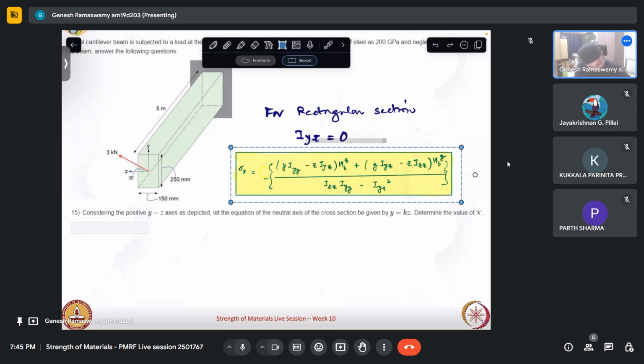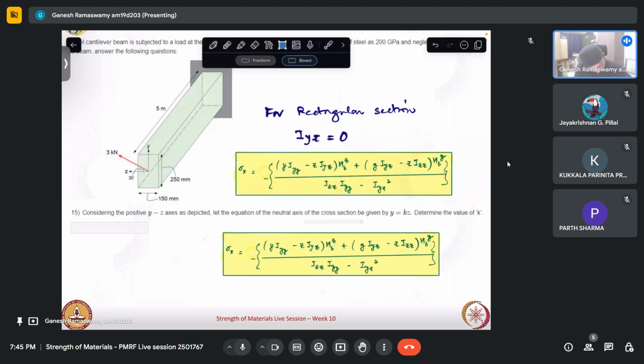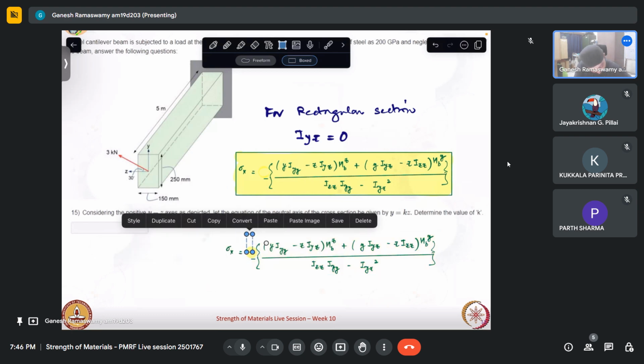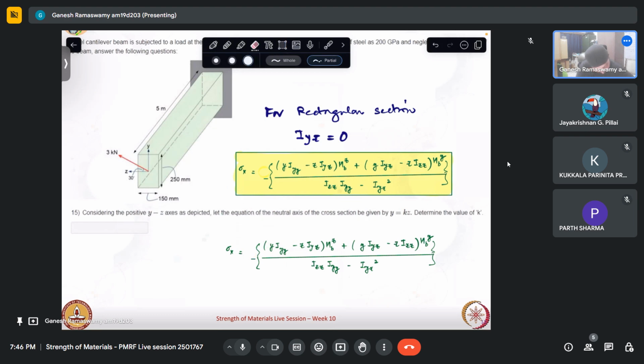So in this expression, let me take out the terms that are having IYZ. So this term doesn't exist. This term doesn't exist and this doesn't exist.